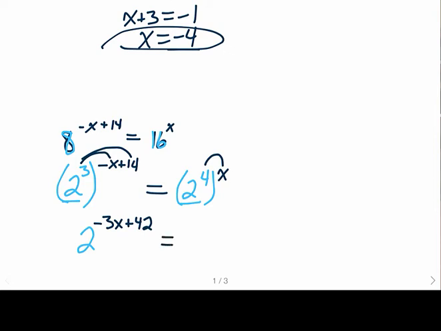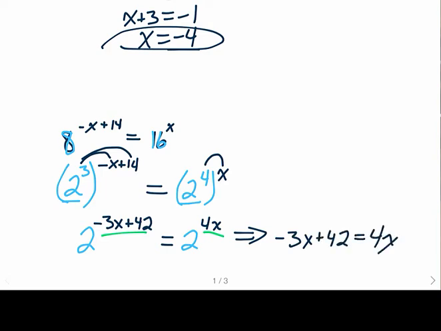On the right-hand side, we have 2 to the 4 times x, and that's simply 4x. Now that the bases match, I want to make an equation of the exponents. And so what this will imply to us is that negative 3x plus 42 is equal to 4x.